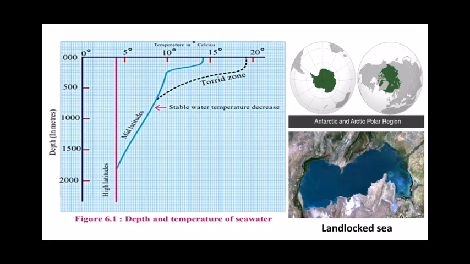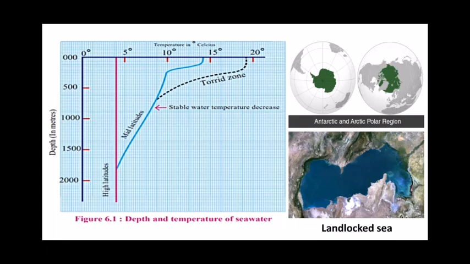Means some of the heat that the water gets from the sun is absorbed into the depths of the sea water. Now, as a result, the intensity of sun rays decreases. That means as the depth becomes higher and higher, like on the surface, the temperature is high because it is directly hitting the surface of the water.